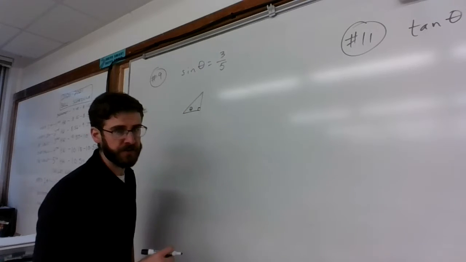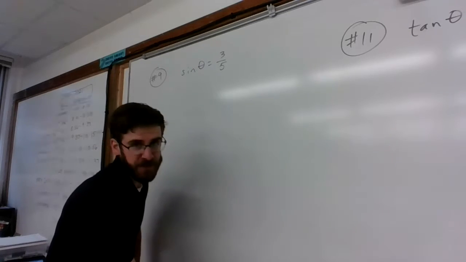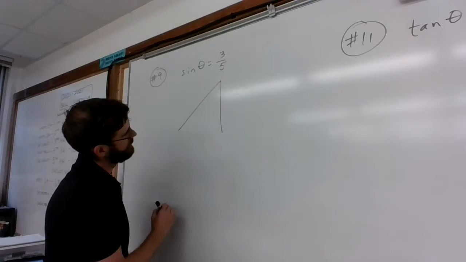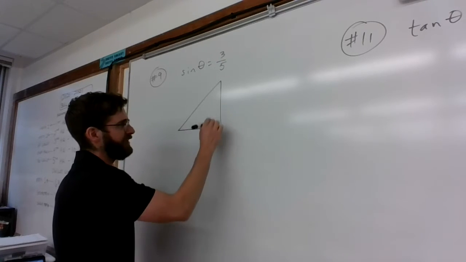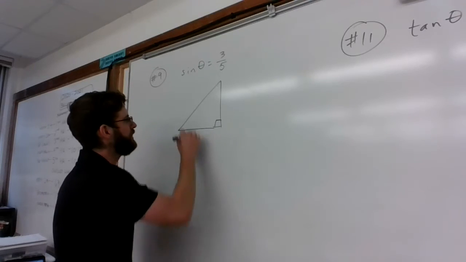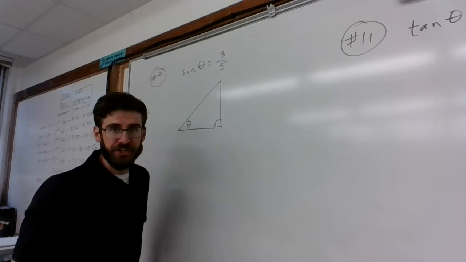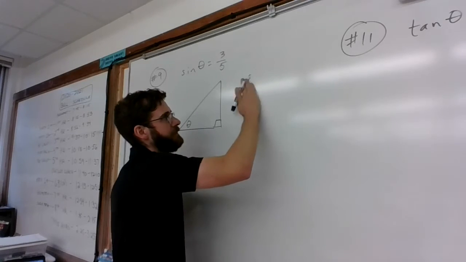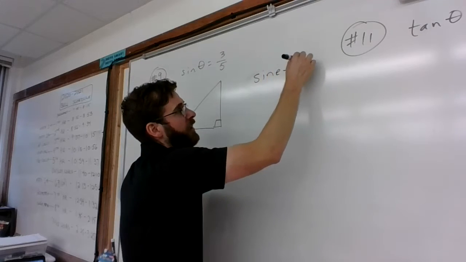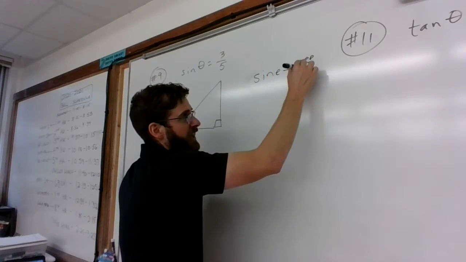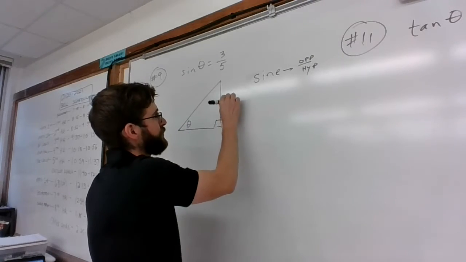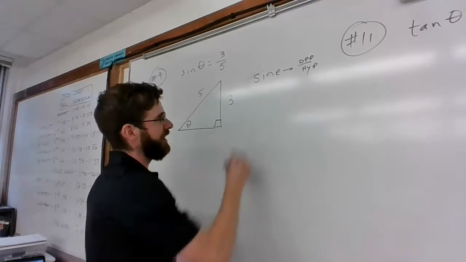Talking right triangles. Sorry, I got to make this much bigger for the video to work. Okay, pretend like I can draw a right triangle. So just remember your ratios. Sine is opposite over hypotenuse if we're talking about with relation to the angle theta. So opposite is 3, hypotenuse is 5.